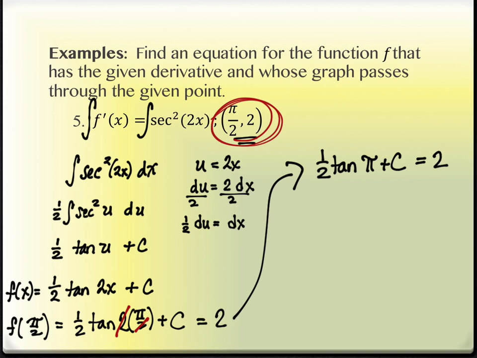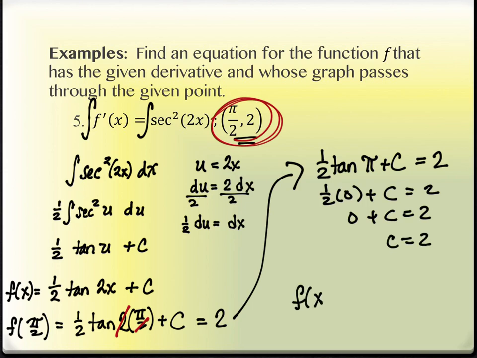What is the tangent of pi? Do you know? 0. It's 0, yeah. The tangent of pi is 0, so this is 1/2 times 0 plus c, or just 0 plus c, which tells you that the c value is equal to 2, right? So we found out that c is equal to 2, so our f of x function is 1/2 tangent of 2x plus 2.